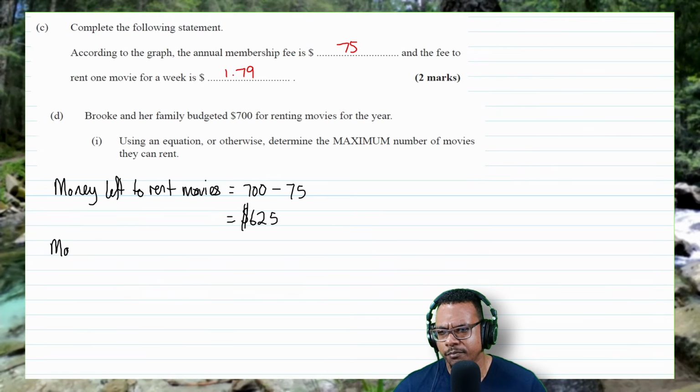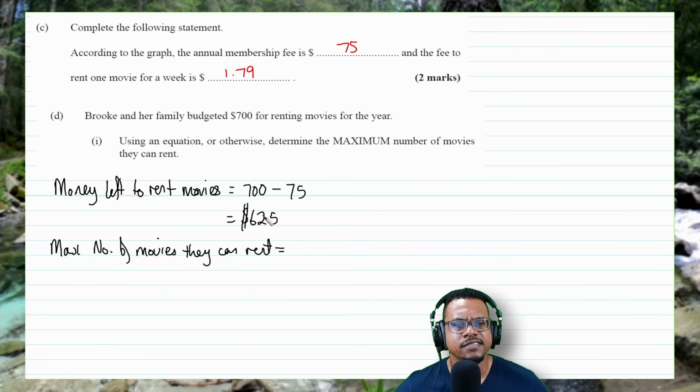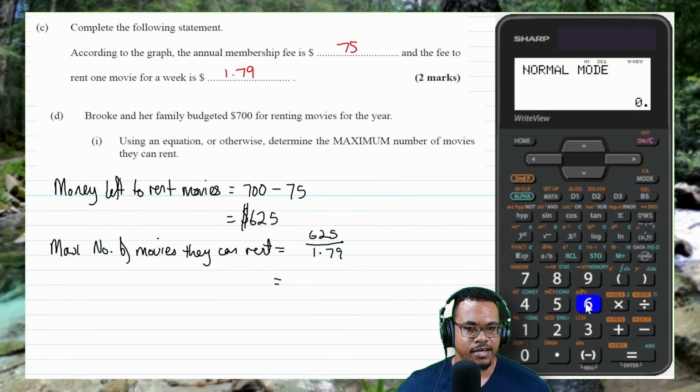Now the maximum number of movies they can rent will be equal to the 625, which is the money remaining to rent movies, divided by the cost per movie, which is $1.79. So we have 625 divided by $1.79, and we would get, of course, a decimal.